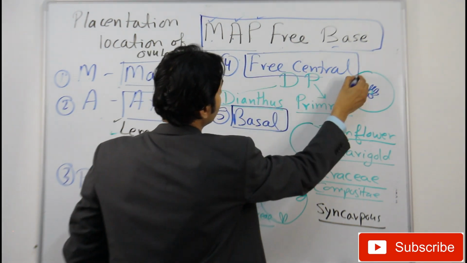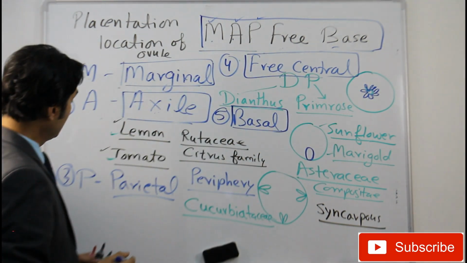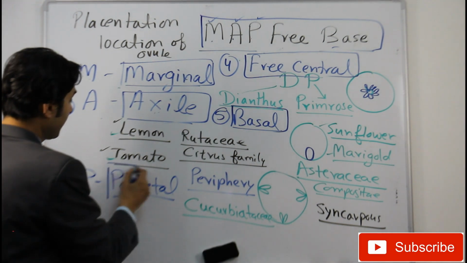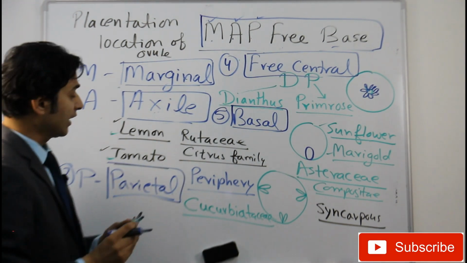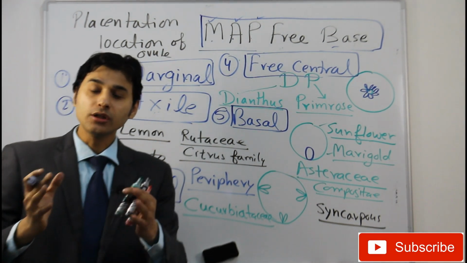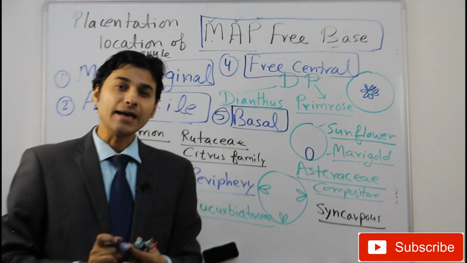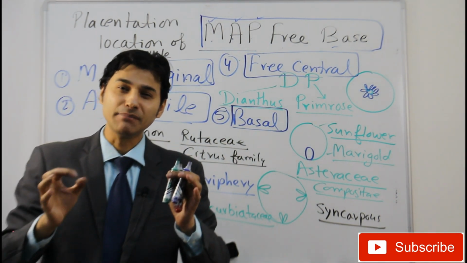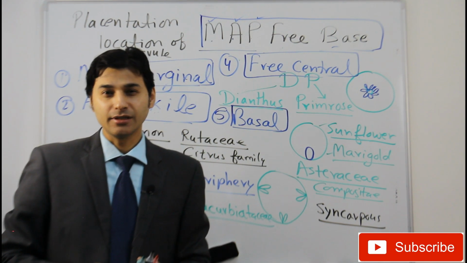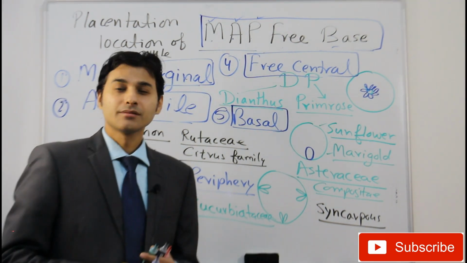These are the five types of presentation in angiospermic flowers, with all the examples and the easiest method to remember them.